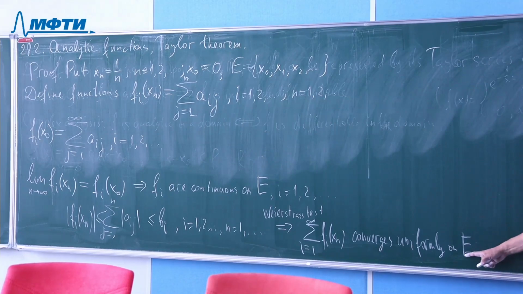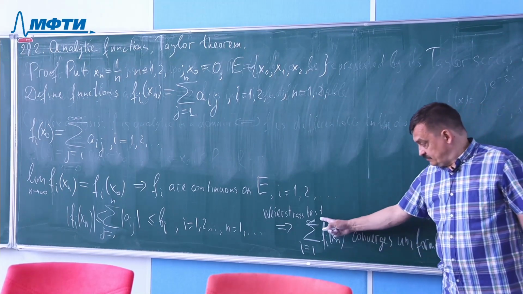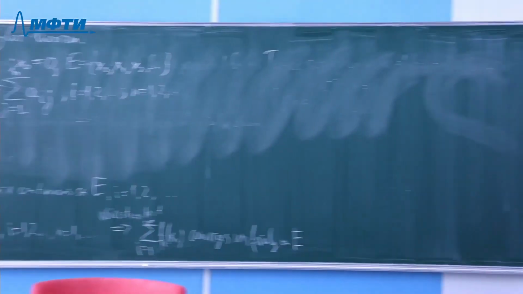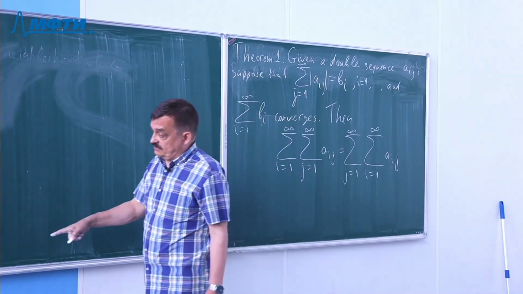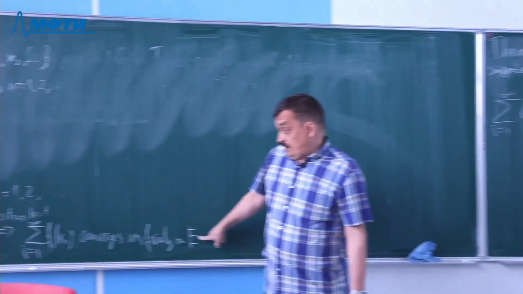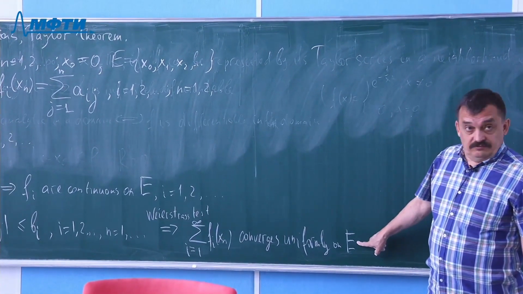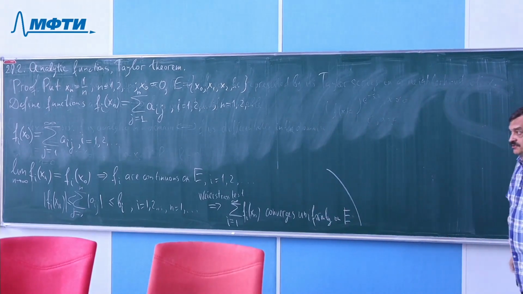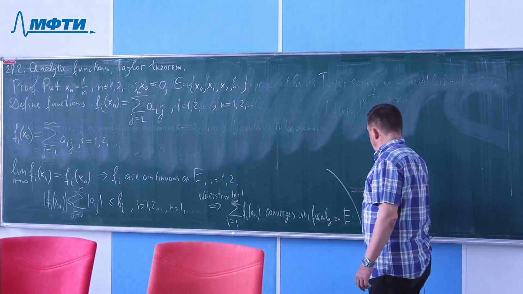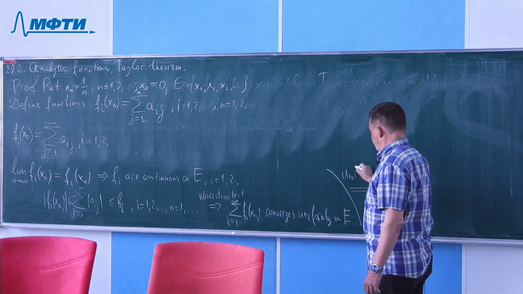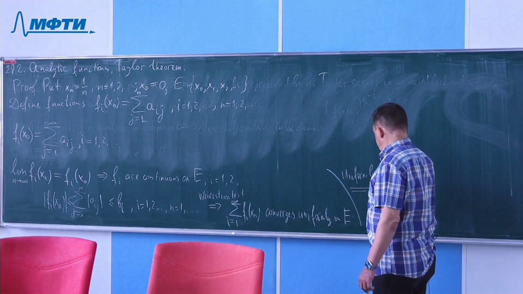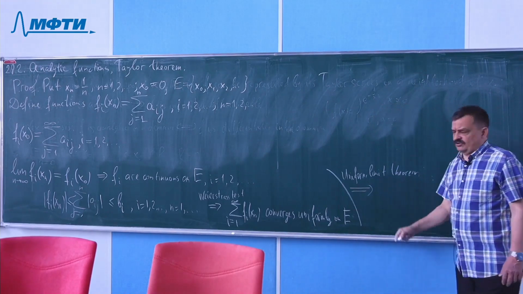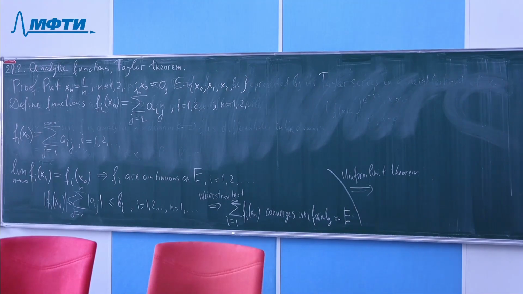So for arbitrary n, the modulus is less or equal to b_i, and the series of b_i converges, hence by the Weierstrass test, this series converges uniformly on E. And from those two suppositions, we deduce by the uniform limit theorem, I'll use this short name.